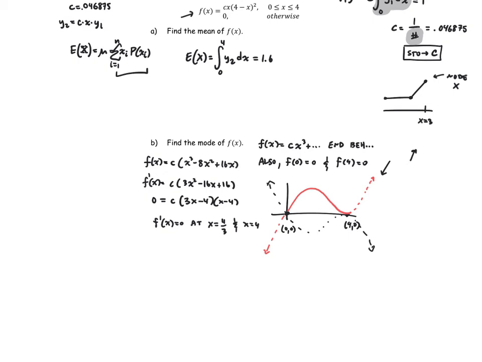Because, well, first of all, the mode has to be positive because there has to be positive values for there to be an area accumulated to equal 1. Thus, our mode would have to be at x equals 4/3. Now, you could go about this a different way, but in this case, I just used end behavior to determine the mode.